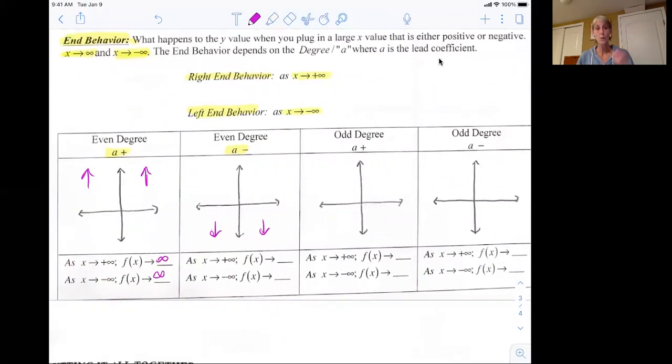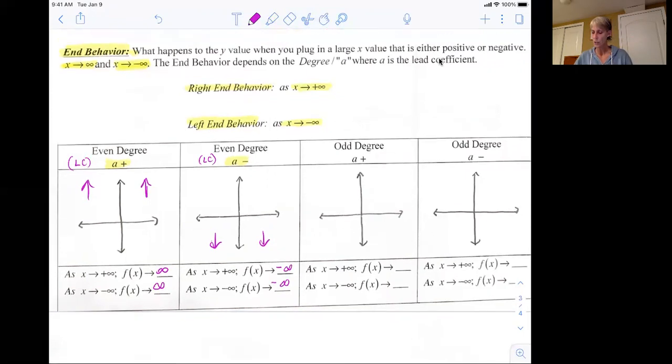Even degree with a lead coefficient, or a value. Okay, a is the same as the lead coefficient. I should have mentioned that, I'm sorry. So as x goes to infinity here, as I plug in big numbers of x, now my graph is going to negative infinity. And the same is happening in the opposite direction.